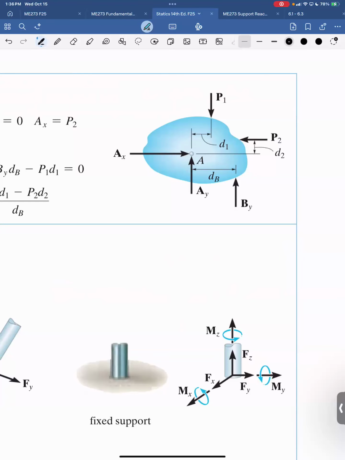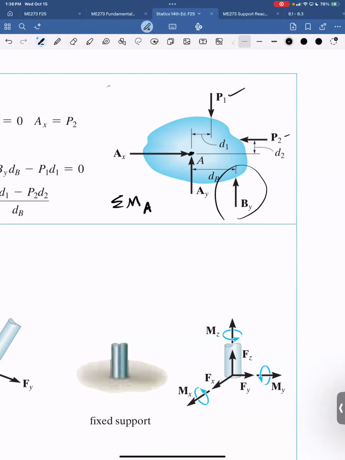When you're summing moments, try to choose a point about which most of the unknowns go away, which means they pass through that point. In this case, you should sum moments about A, because the only unknown then is going to be By. In this example, P2 and P1 are known.